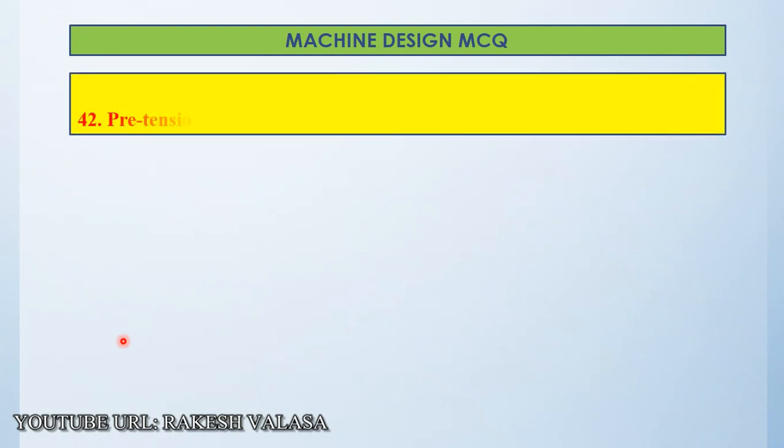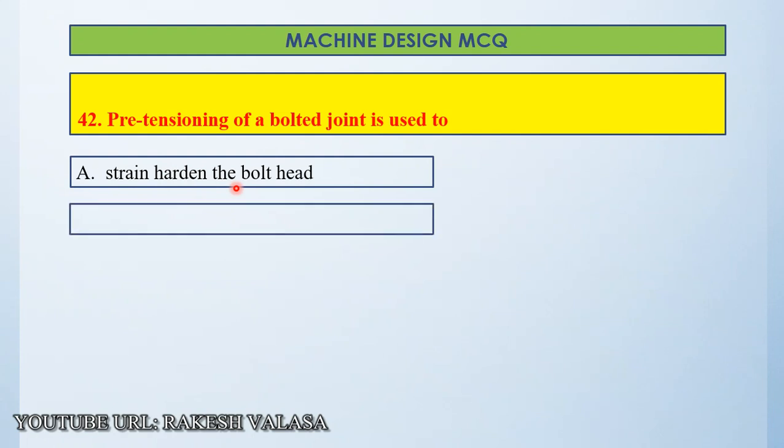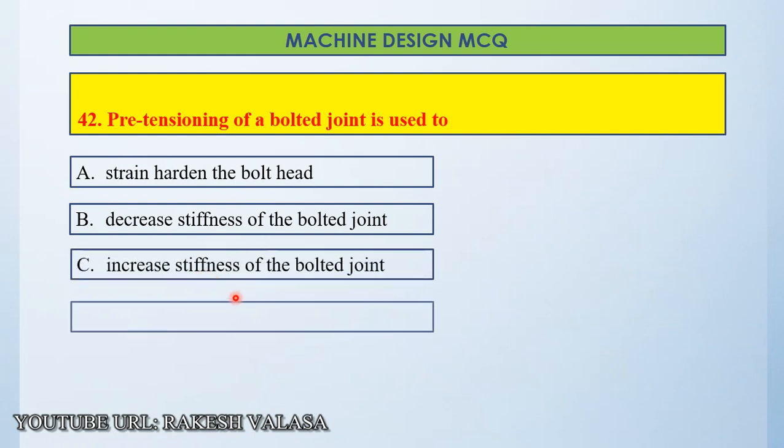Question number 42. Pre-tensioning of a bolted joint is used to option A strain harden the bolt head, option B decrease stiffness of the bolted joint, option C increase stiffness of the bolted joint, option D prevent yielding of the thread root.